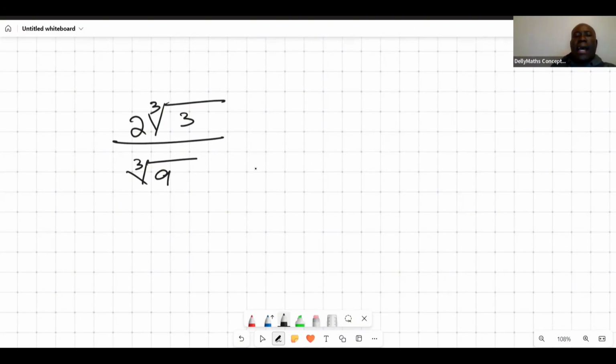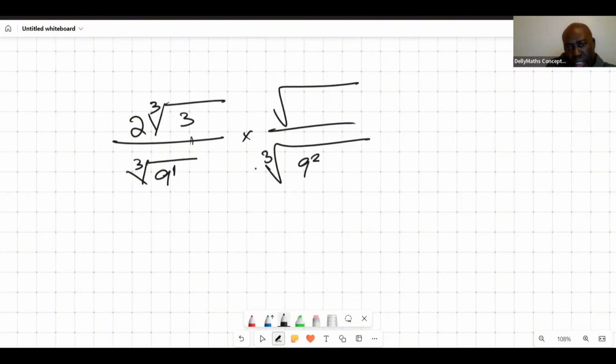At this time, I want to make sure I think about what I have. I want to get rid of that 9. So I'm going to have to raise it to the second power, because I have 1 power of 9 here already. So I'm going to multiply the numerator and the denominator by the third root of 9 squared.